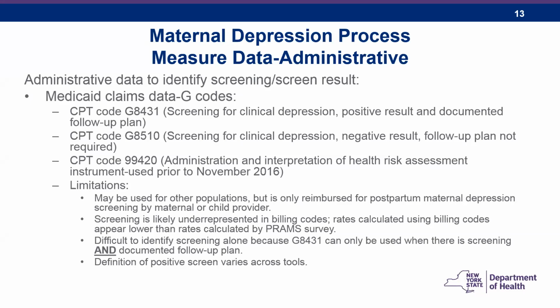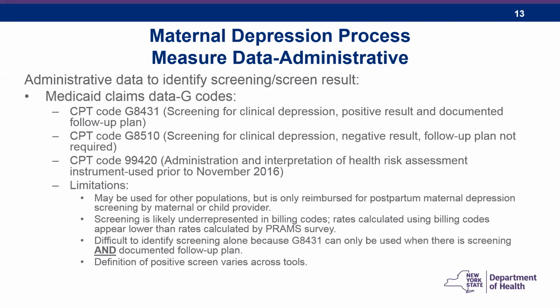And then there's another code that's even more general, that is an older code that was used up through November 2016 in Medicaid, that just looks at health risk assessments, not really too specific. Some of the other limitations include that those codes can be used for other populations, so you really have to identify your eligibles.